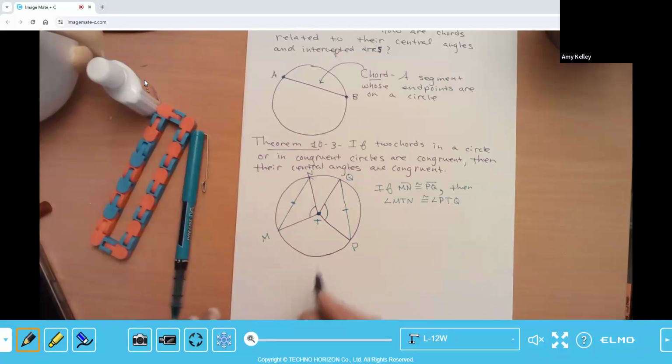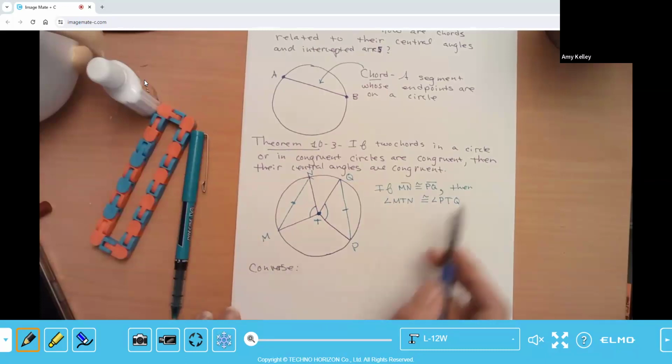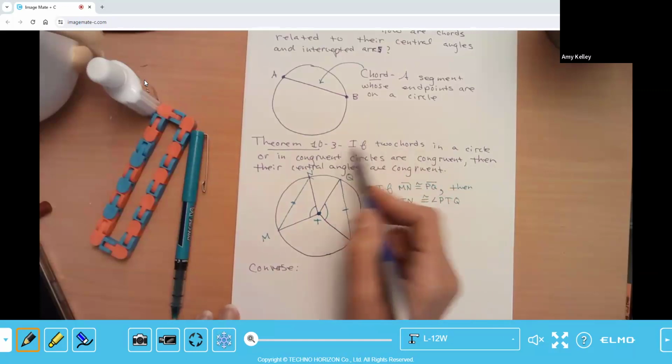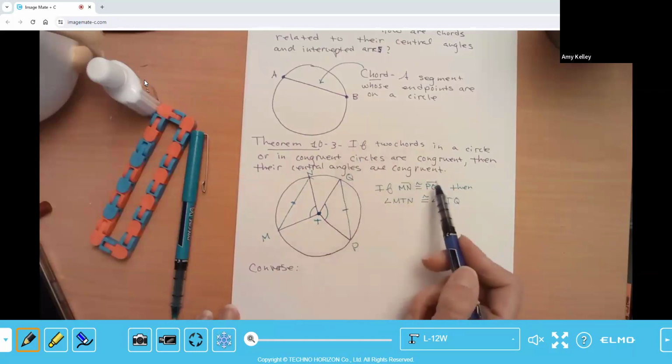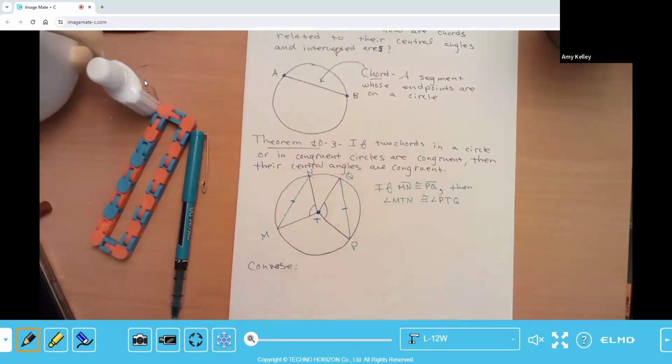Just going to write the converse here. Remember, if you have a statement, if P then Q, the converse is just the other way around, if Q then P.